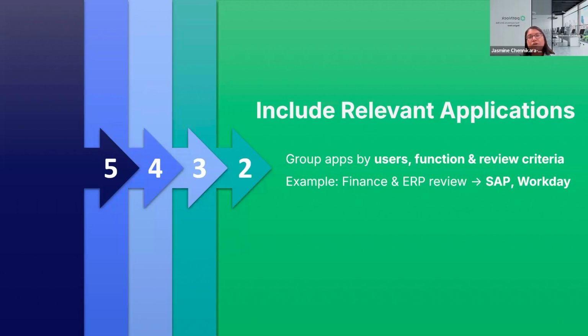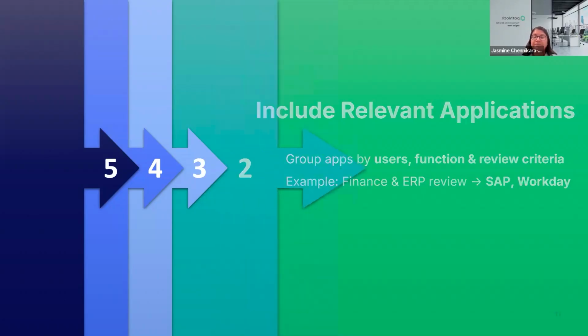So typically you want to group your applications in a UAR campaign that are used by the same user population or support the same business function or have similar review criteria or rules. So it's really all about making reviews easier to manage, more actionable, and more aligned with how your business works.